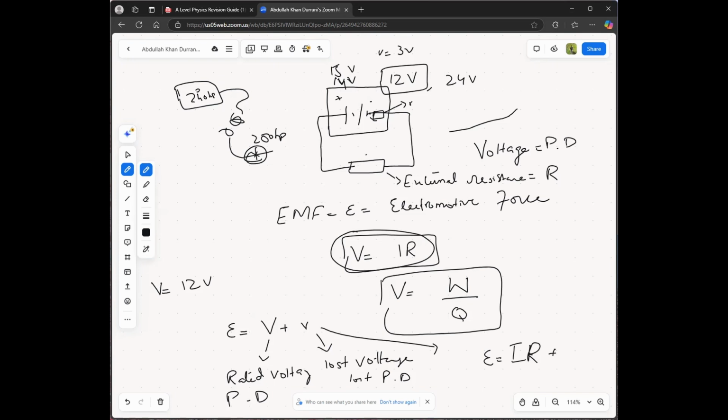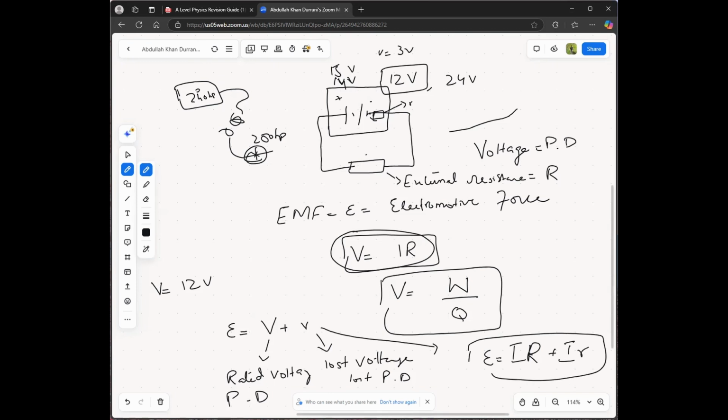So the lost voltage, where does that go? The lost voltage goes to the internal resistance, right? So obviously the current would be the same because it's a series circuit, and small r is the small resistance. So this formula can be written in this form.